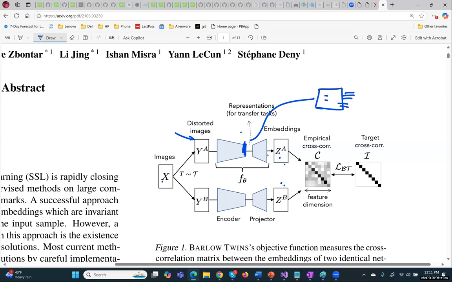So the question is, we already have an idea of how Siamese and triplet networks work. Think about it: will they benefit further from the Barlow Twins idea? Meaning we're trying to create a better face recognition system.